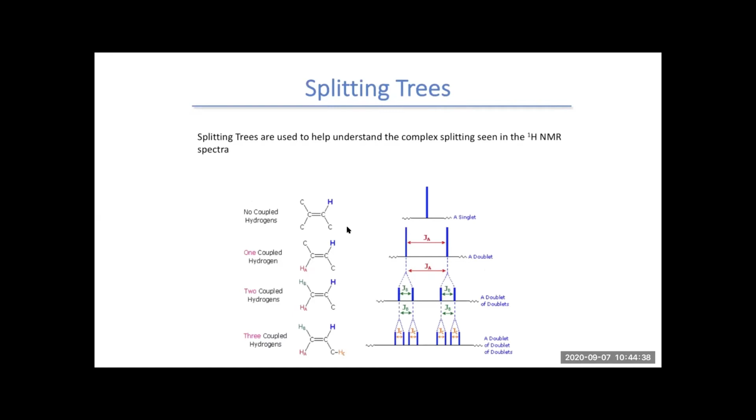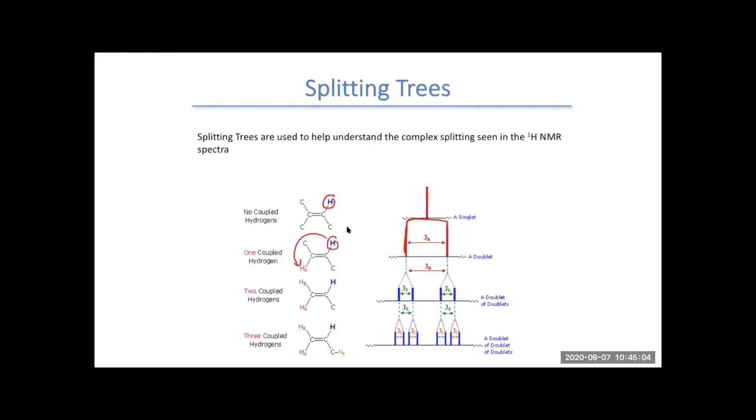With our splitting tree, we start with a single hydrogen, and if it has no neighbors, it shows up as a singlet. If that hydrogen is then coupled to one hydrogen, that singlet would split into two and make a doublet.